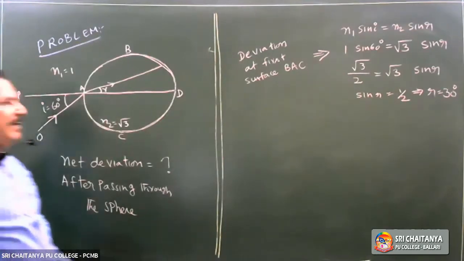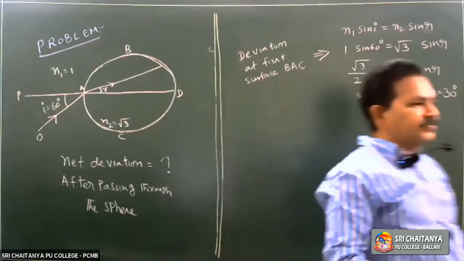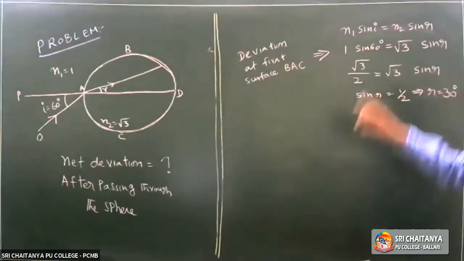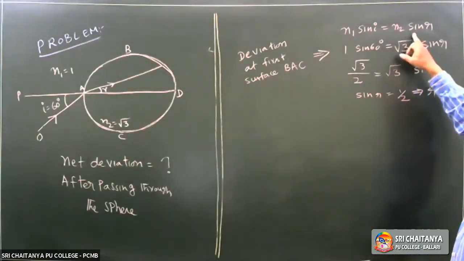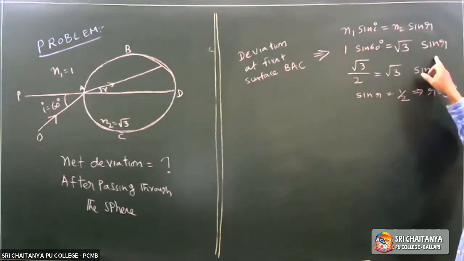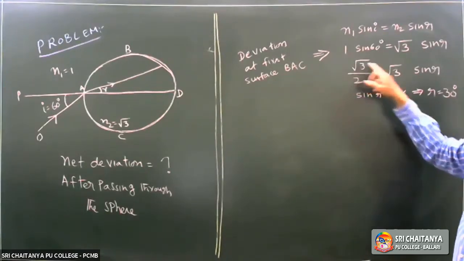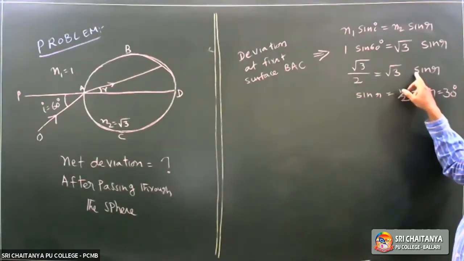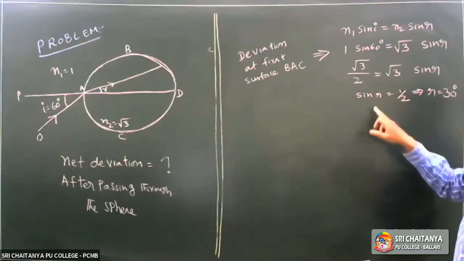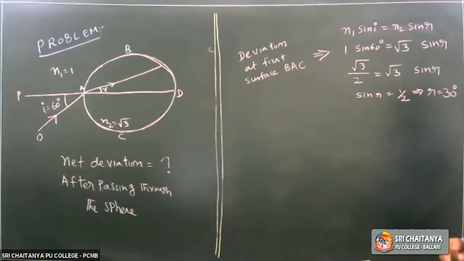I am applying Snell's second law. N1 sin I is equal to N2 sin R. N1 1 sin 60, root 3 sin R. Sin 60 value root 3 by 2. Root 3 cancels. Sin R is 1 by 2. If sin R is 1 by 2, R is equal to 30 degrees.